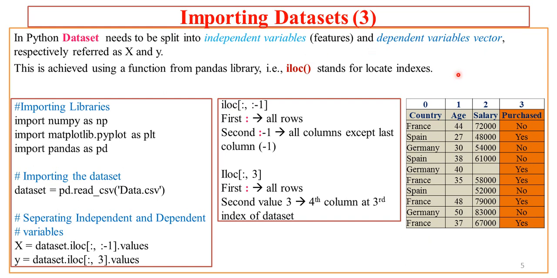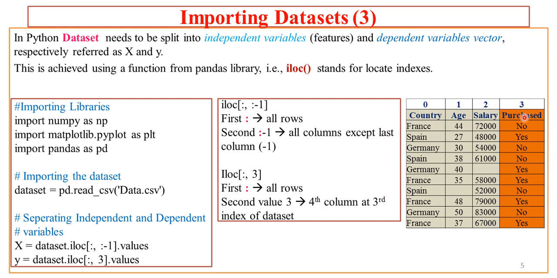So let us try to understand this practically. I have this data set. Let us focus on the table to the right portion of this slide. It has 4 attributes. The attribute at index 0 is country, at index 1 is age, at index 2 is salary, and at index 3 is purchased.